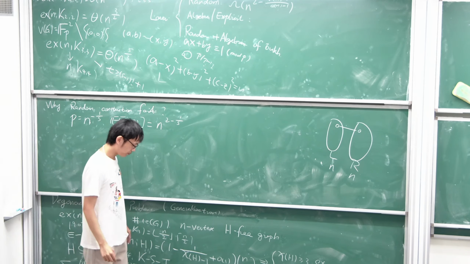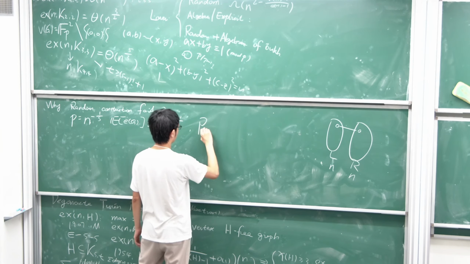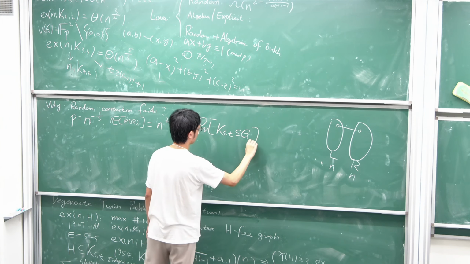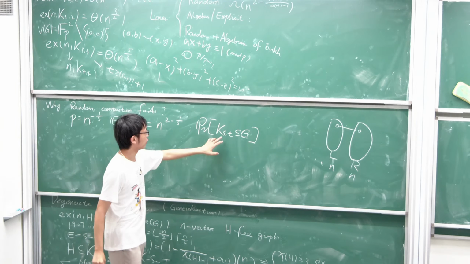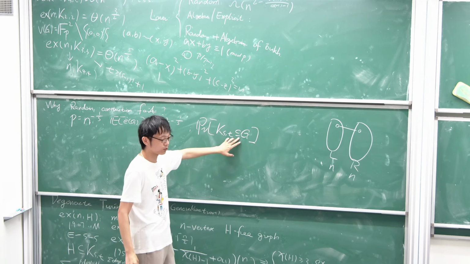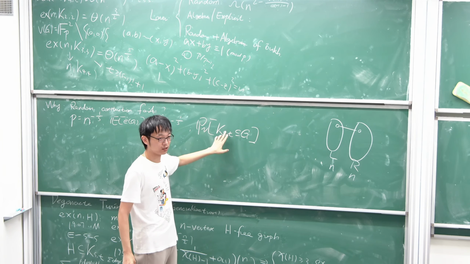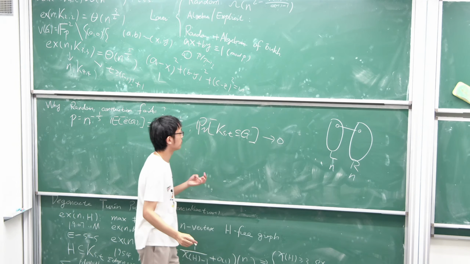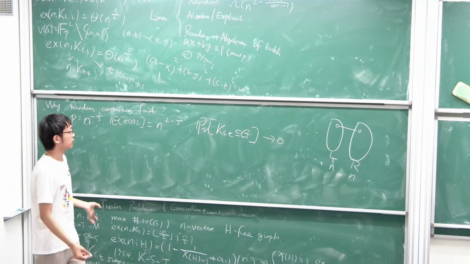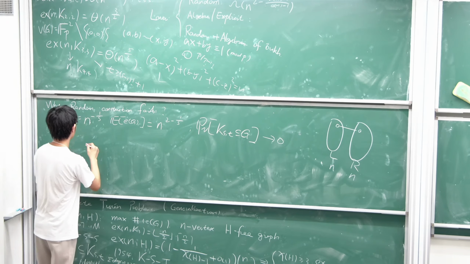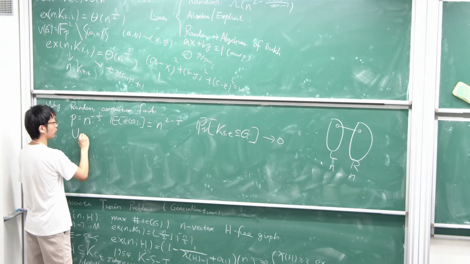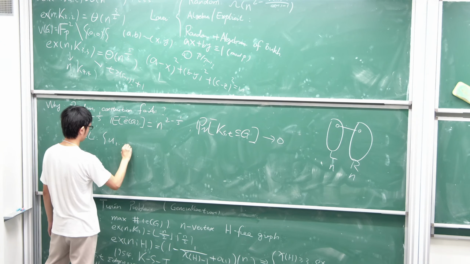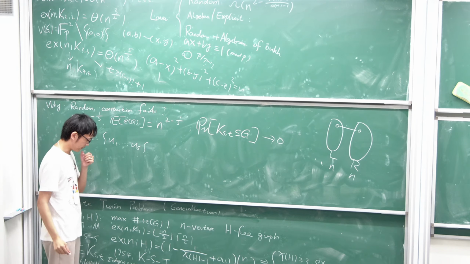But next we need to bound the probability. We hope that G is K_{s,t}-free, so we hope that this probability tends to 0. So we choose, for example, some U with s vertices.